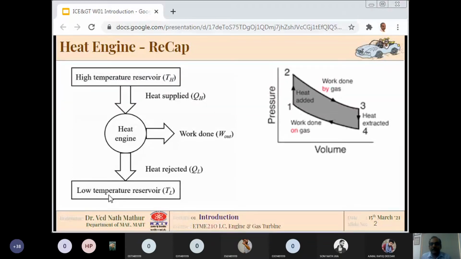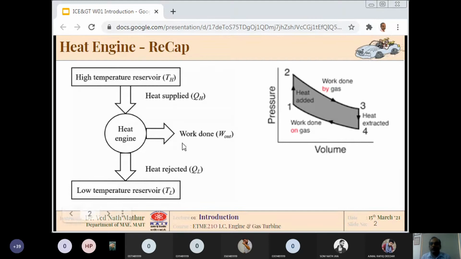So this is what we studied while deriving Kelvin-Planck's statement and Clausius' statement of second law of thermodynamics. We also calculated the efficiency of such a heat engine.